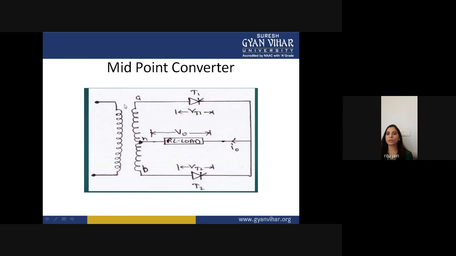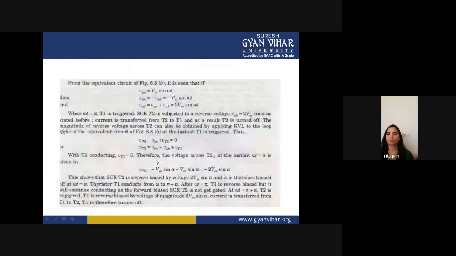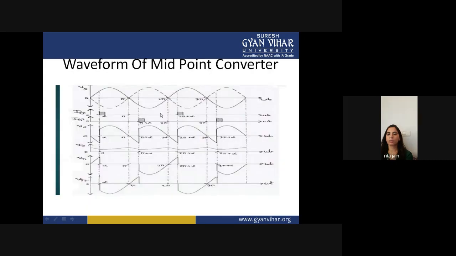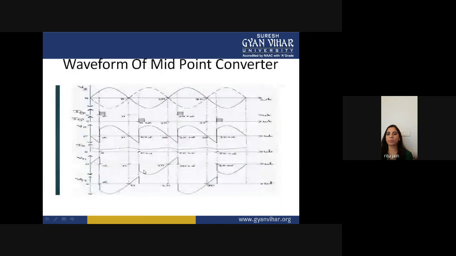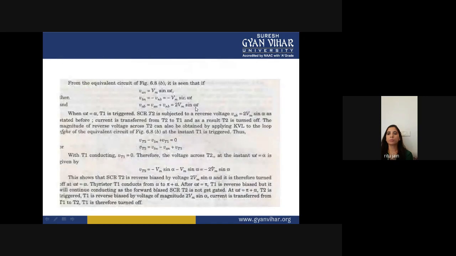When the voltage across this terminal is positive, at the same time the voltage across this terminal will be negative. So the total voltage across these two terminals becomes the difference, VA minus VB, which is 2 Vm sine omega t, double the input voltage.